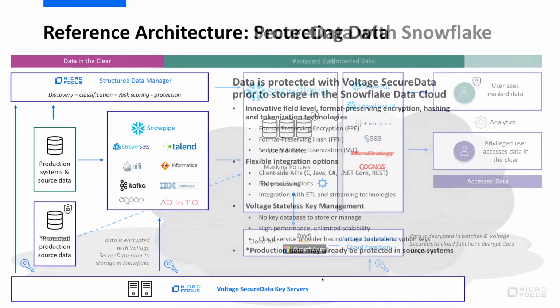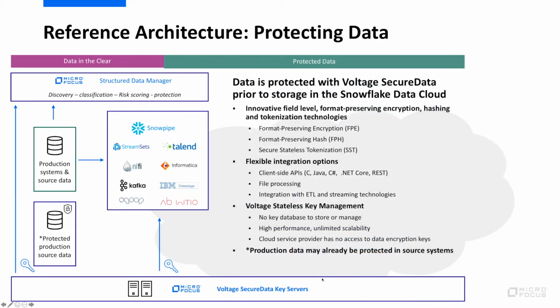Okay. So again, left-hand side, the ingestion of this data, we are looking at protecting the data at the field level using really a combination of field level format preserving technologies. We have a variety of APIs and tools that can do this and integrate with tools like Informatica, for instance.